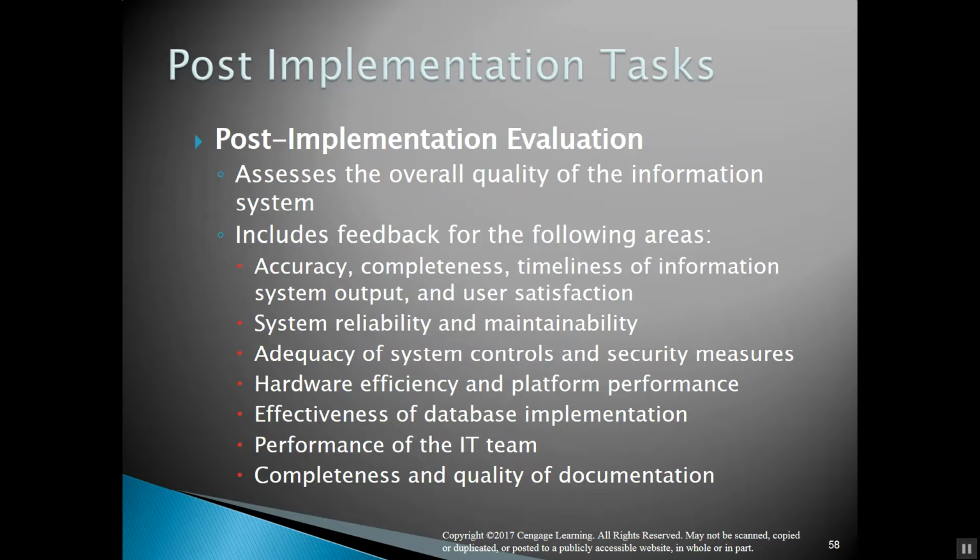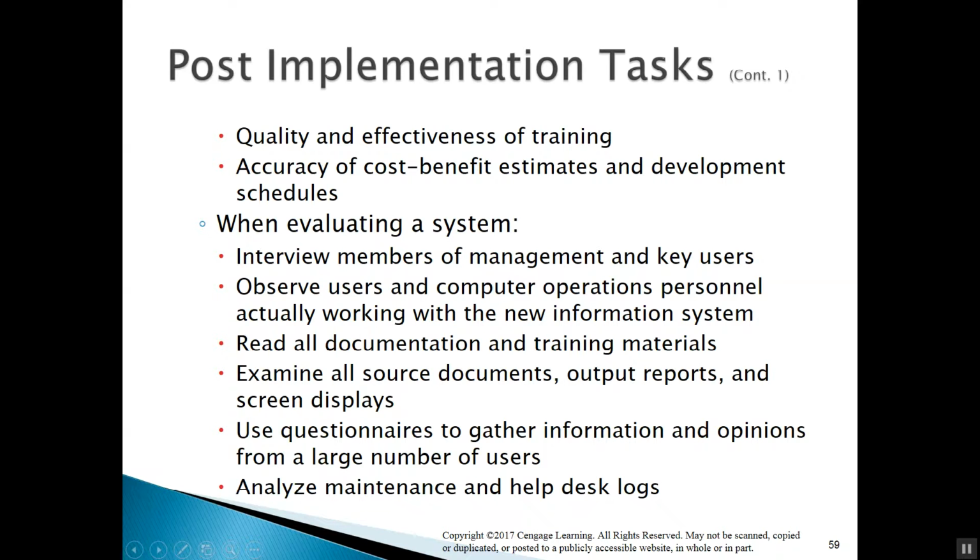Okay. Things that we need to do after the fact, once we've implemented it, we need that feedback. We need to check and make sure this thing's reliable, maintainable, doing what it's supposed to be. Communicate with everybody almost on a daily basis to make sure it is doing what it's supposed to do. There are a number of reports we're going to have to submit showing and documenting what's taking place.